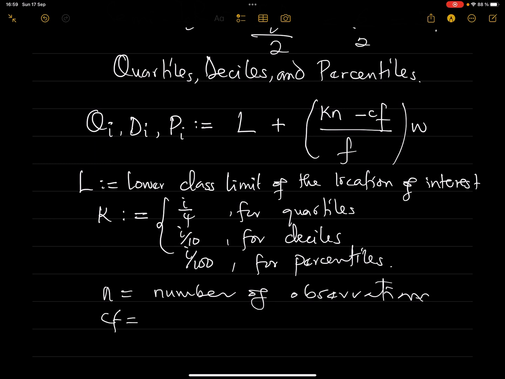Then you talk about CF. CF is the cumulative frequency, but of what?